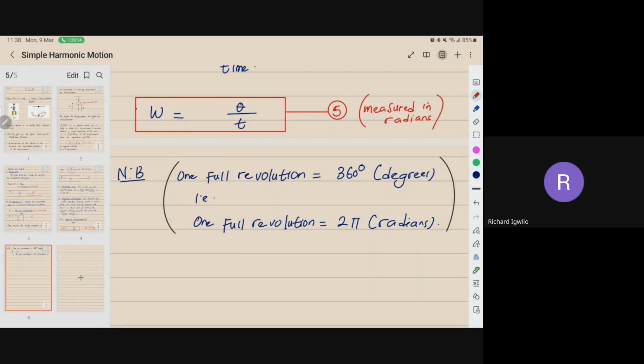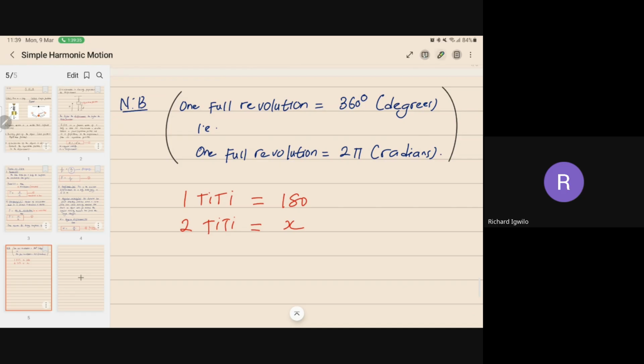So now, let's say one Titi is 180. Now, 2 Titi is equal to X. So that means that X is equal to 180 times 2.